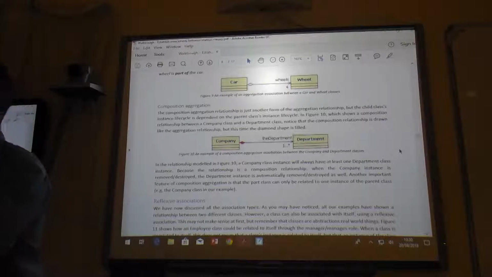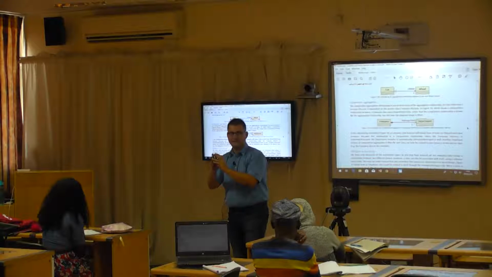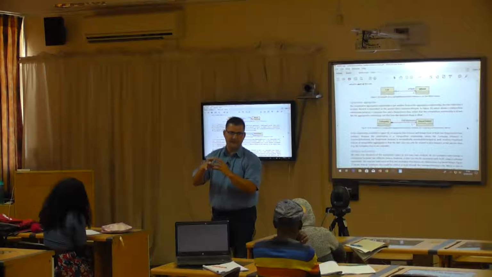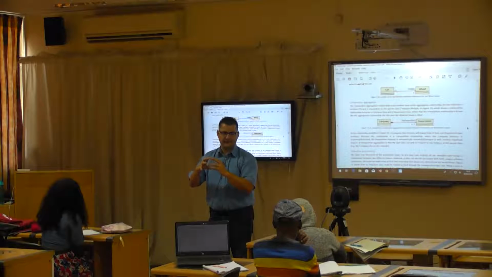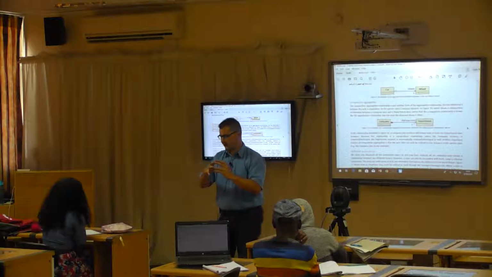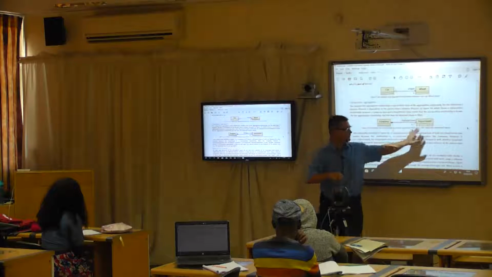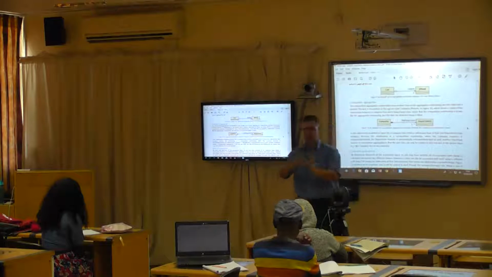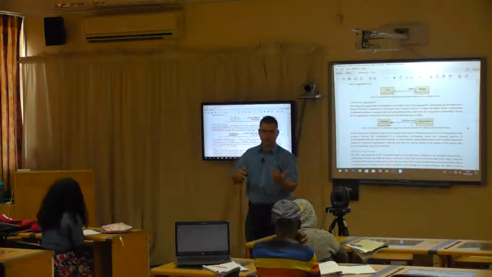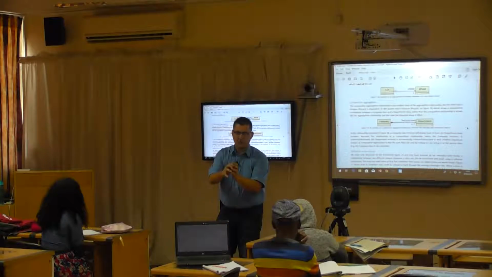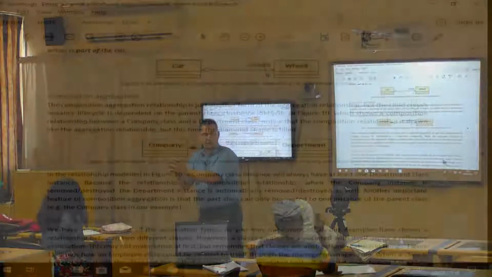What does the diamond tell us? It tells us the aggregate. And the other side is then going to tell us the actual parts of the aggregate. So the department is part of the company.